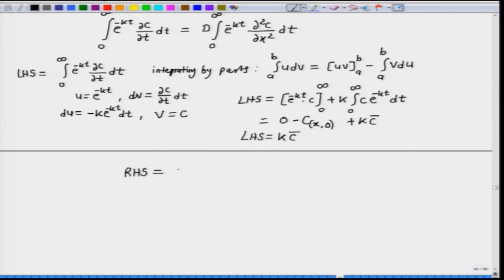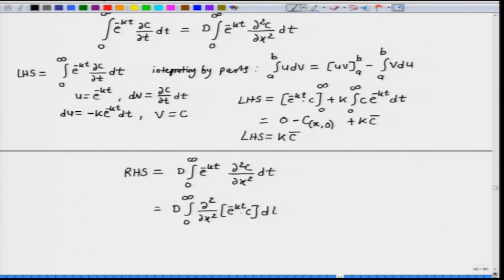Now, let us take the other side, RHS. RHS in this case is D integral 0 to infinity e to power minus k t dou 2 c by dou x2 dt. Now, e to power minus k t is not a function of x. So, we can take it inside the partial differential here, that becomes D integral 0 to infinity dou 2 by dou x2 of e to power minus k t times c dt.